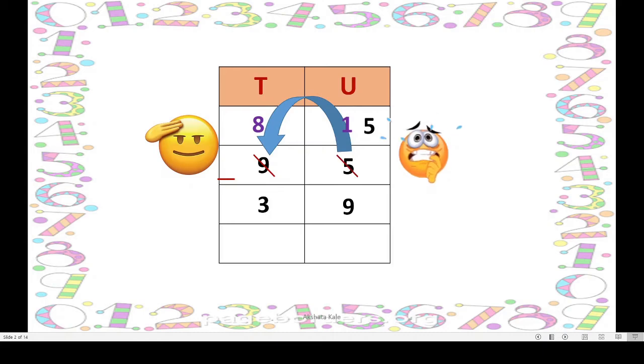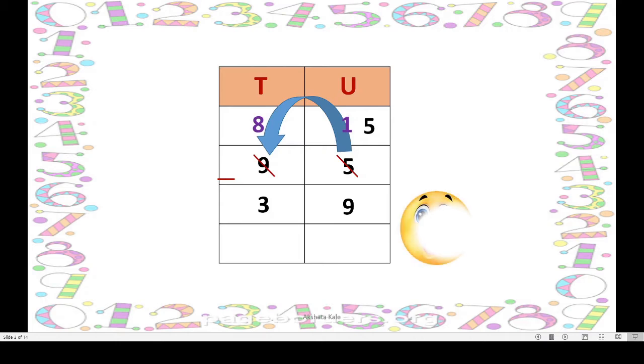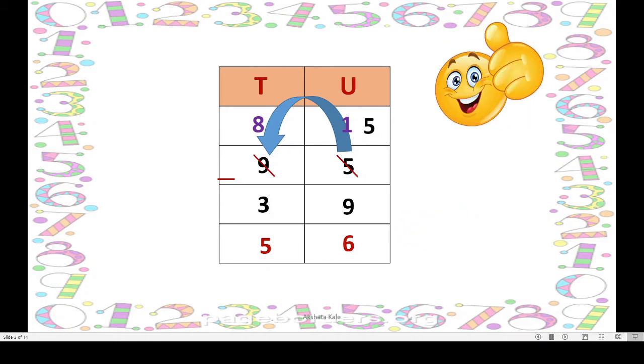So now it has 15 units. So 15 minus 9, it is possible, isn't it? Now it is very happy. So 15 minus 9, how much? 6. And in the tens place, 8 minus 3, that became 5. This is called subtraction by untying the tens. Okay?